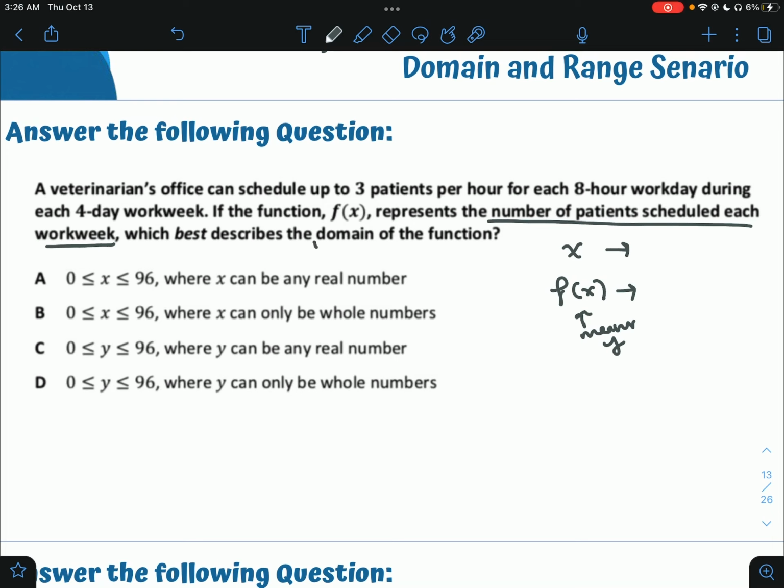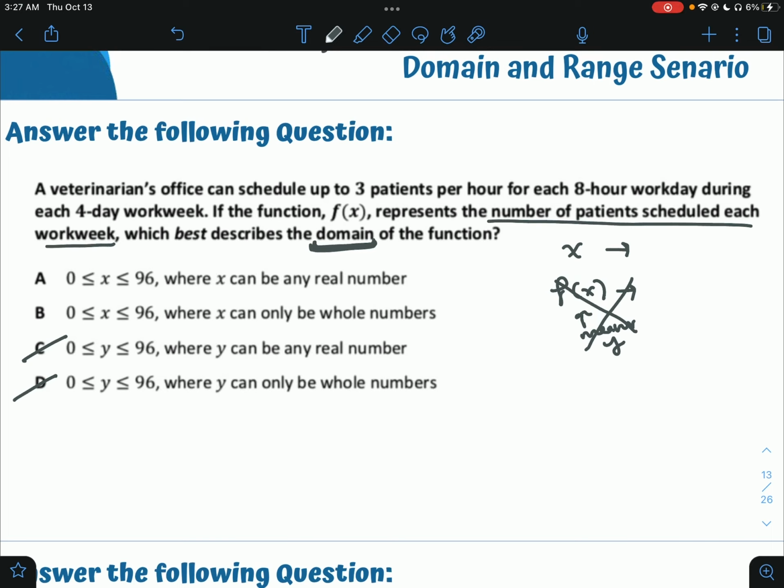And we want to know the domain. The number of patients would be the domain. So, we don't even need y. If it says domain, you should be able to get rid of y, which means we should get rid of the y answer choices.